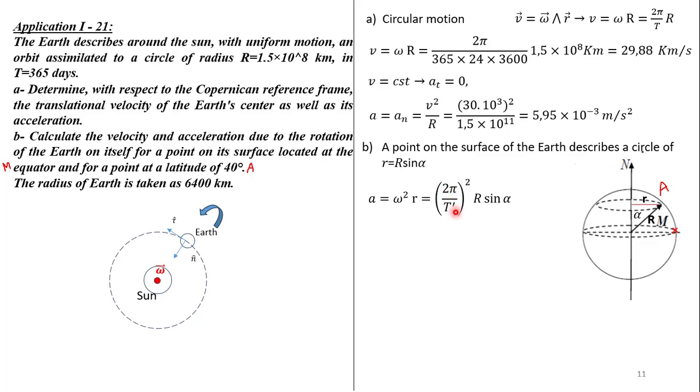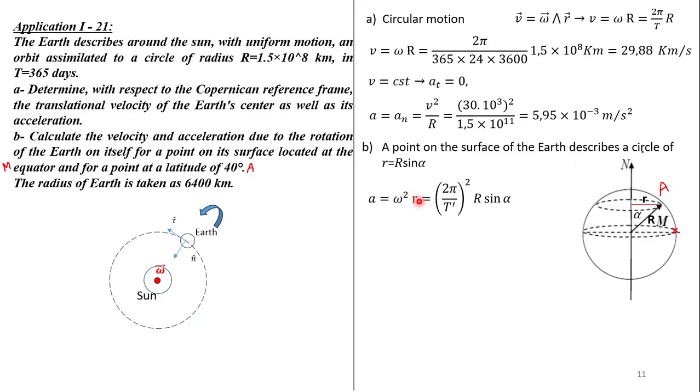Please note that T prime in part B is different than T in part A, because in part B we are considering the rotation of the Earth around itself, whereas in part A we are considering the rotation of Earth around the Sun. So for the acceleration, it's equal to 2 pi over T prime squared times r.